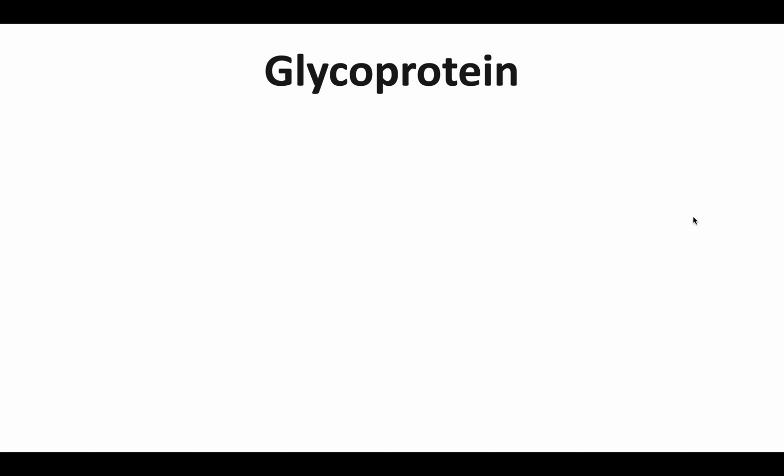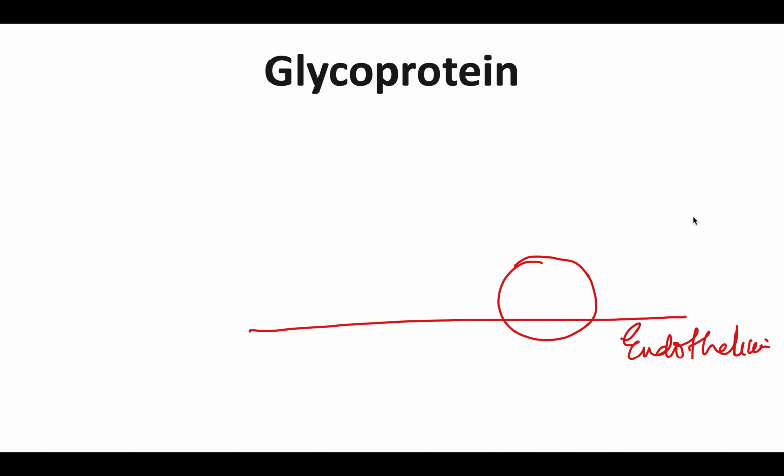Now, before discussing two more conditions of thrombocytopenia, let's briefly recall the glycoproteins, which we already covered. This is your endothelium. There is von Willebrand factor present on the endothelium.